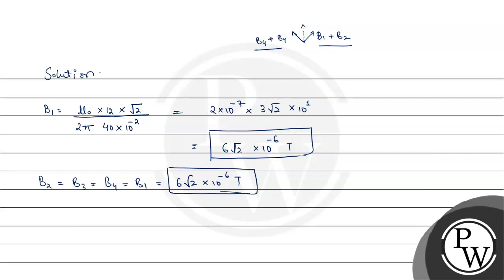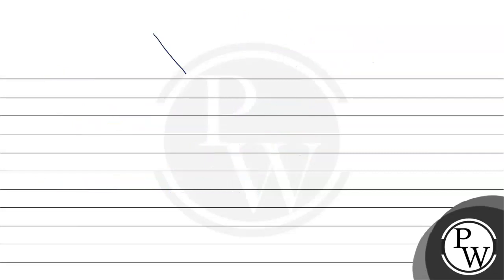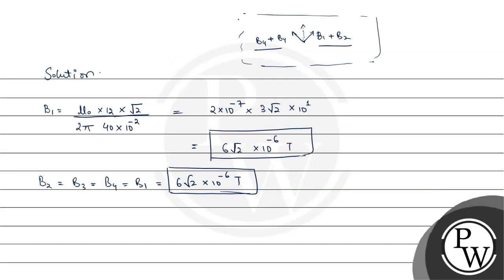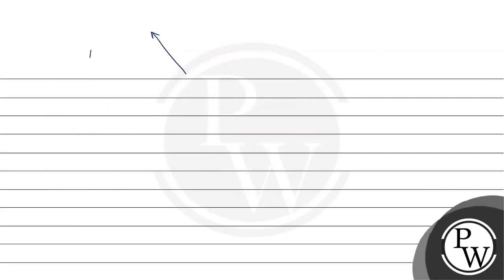As I have shown in this figure, the orientation will be like this, and hence the net magnetic field will become something like this. This will be equal to 2 into what we are given, so it will be 12 root 2 into 10 to the power minus 6 Tesla in this direction.